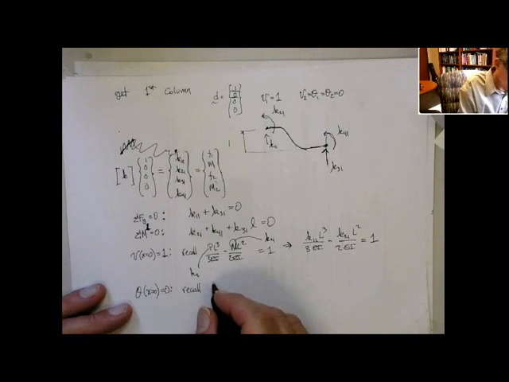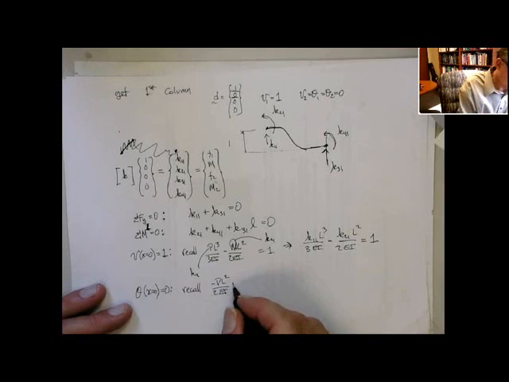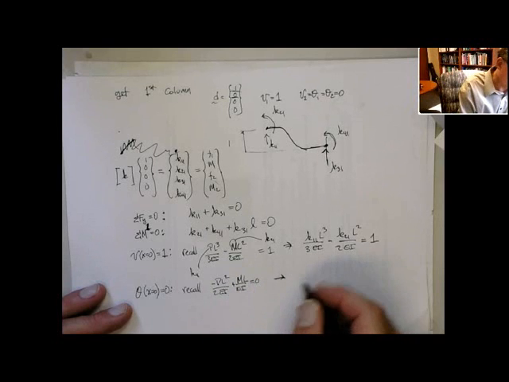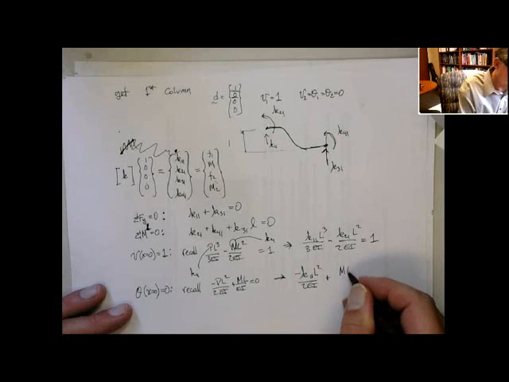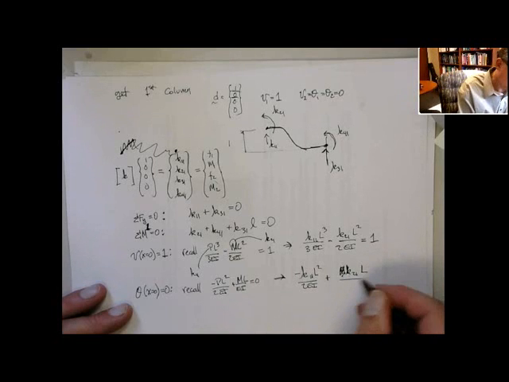So this is minus PL squared on 2EI plus ML on EI, and that's going to equal 0. So this gives us minus K11 L squared on 2EI plus K21 times L on EI equals 0.